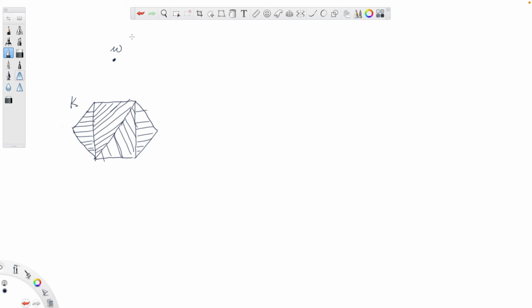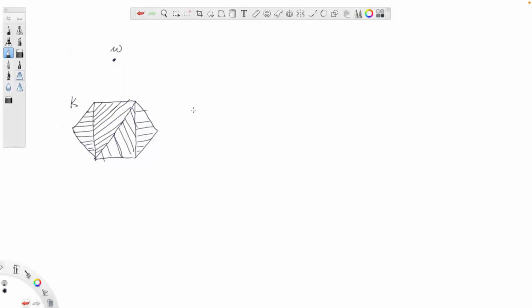So you can immediately see that if you draw a ray from W that may not intersect K, there is no harm with that. But if it intersects K, it is going to intersect it at most one point. Okay, so it does not intersect K in more than one point.